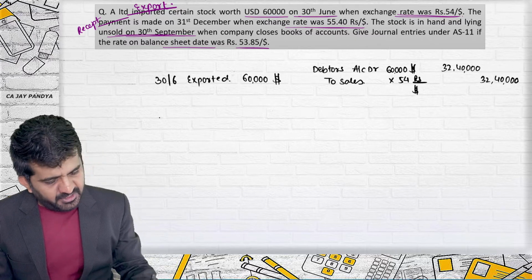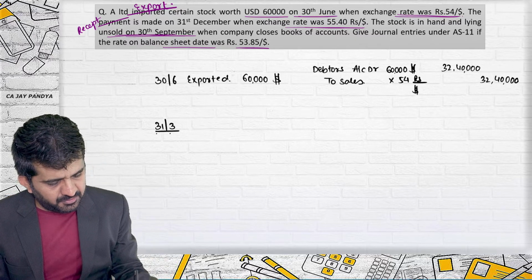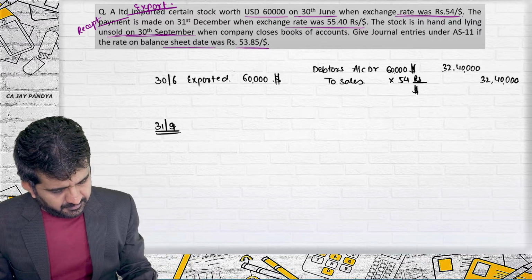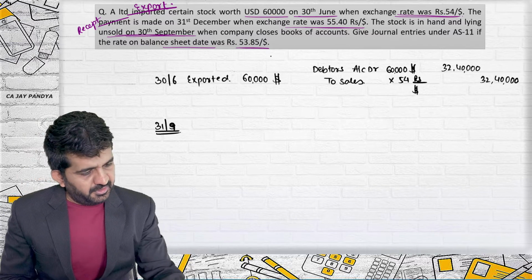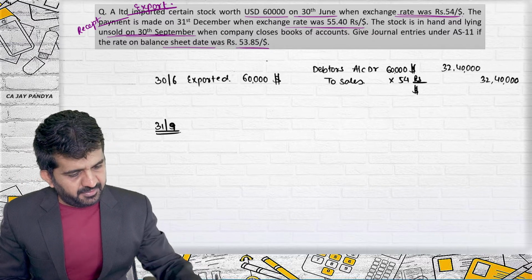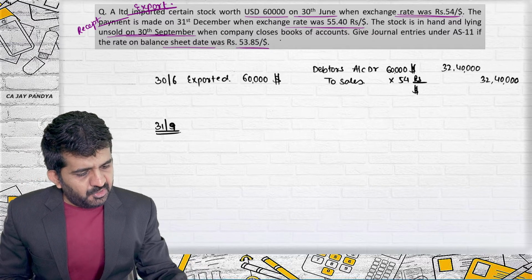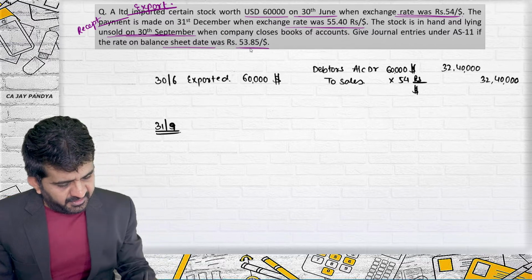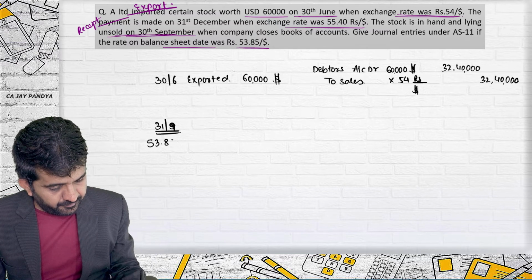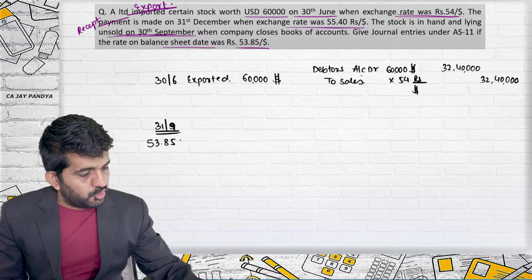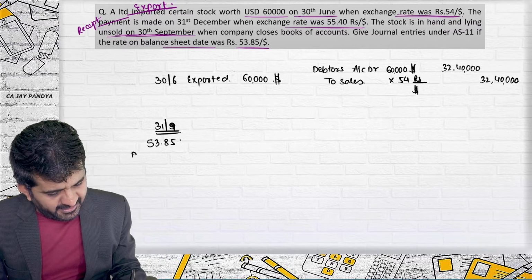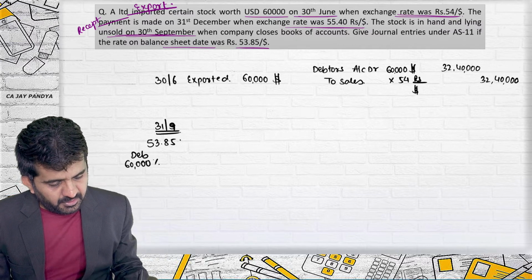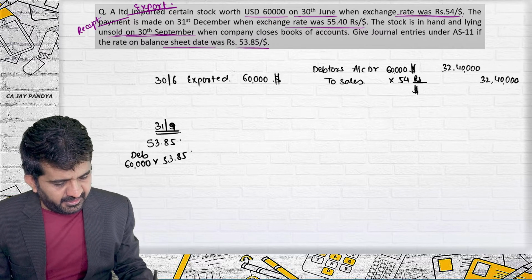Next date will be the closing date, 31st March. Sorry, it is 30th September. In this case, the closing date is 30th September. When the company closes books of accounts, the rate was 53.85. So your debtors should be recorded at 60,000 into 53.85.